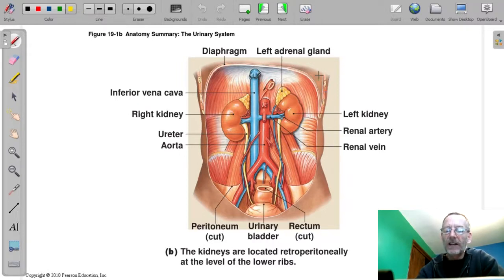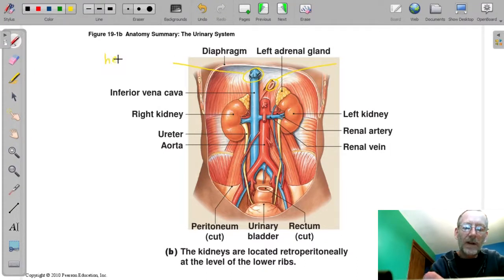The adrenal glands, or the suprarenal glands, as they're sometimes called. The esophagus is shown. The hepatic veins that have been cut are shown. We'll come back to the hepatic system more with the digestive system.